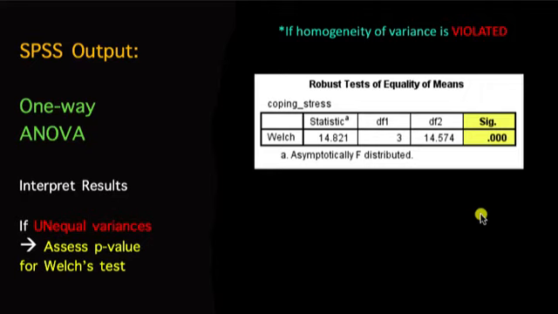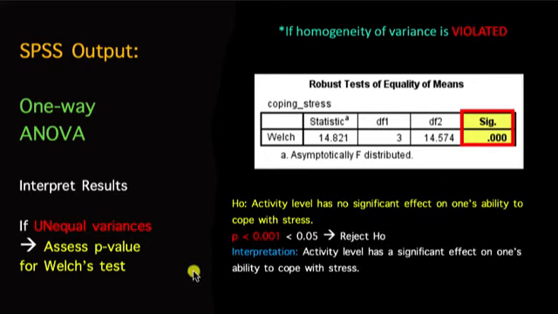So for our ANOVA table, we said the null hypothesis was that activity levels had no significant effect on a person's ability to cope with stress. For this Welch's statistic, right, our p-value is also less than 0.001, and you'll notice that we have the exact same null hypothesis that's applied to this p-value, and we have this same interpretation coincidentally because our p-value is exactly the same. Okay, so there's two different options to read based on if you have violated or assumed homogeneity of variance.